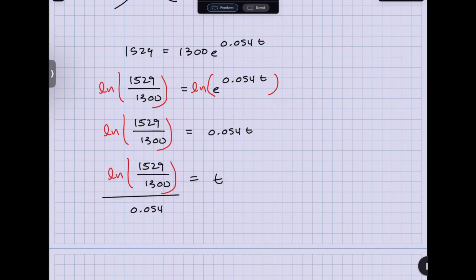And then that's what you would type in the calculator to get the number. Then guesstimating, I mean, here's the thing. The choices only have 2, 3, 4, and 5. So you can plug 2, 3, 4, and 5 into the t and then see which one of those gives you the closest to 1529.